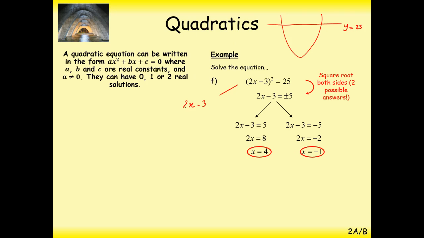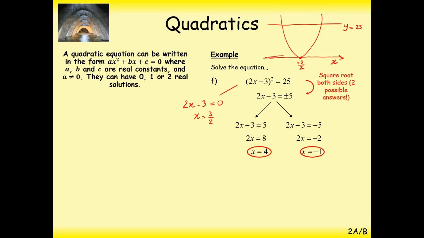If we want to know its root, we'll set one of the roots equal to 0 and solve it for x. So we end up with 3 over 2. So it has a repeated root at 3 over 2. So it's tangent to the x-axis at the point positive 3 over 2.